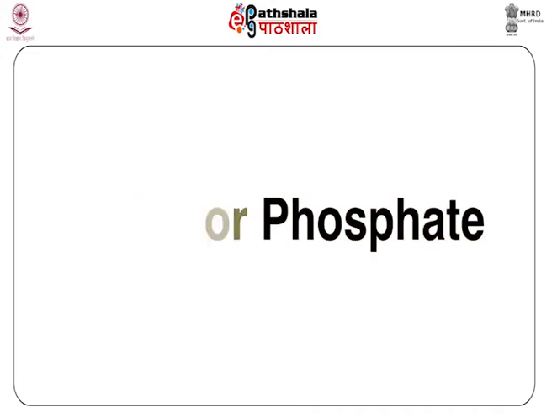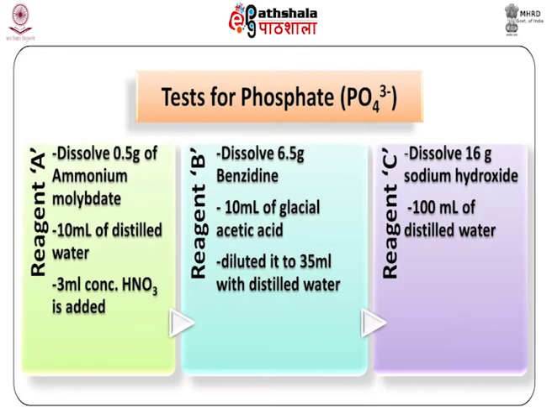Test for phosphate. Reagent A. It is prepared by dissolving 0.5 grams of ammonium molybdate in 10 milliliters of distilled water and then 3 milliliters of concentrated nitric acid is added to it.